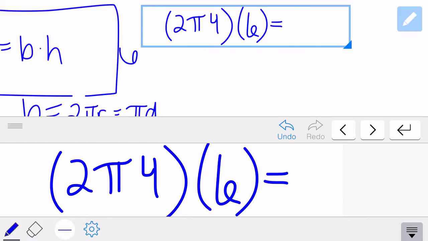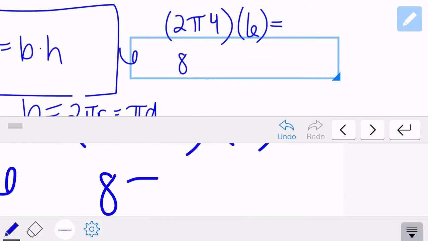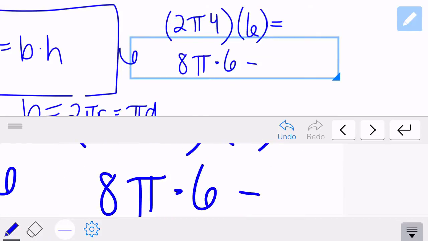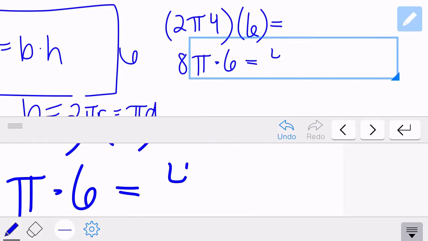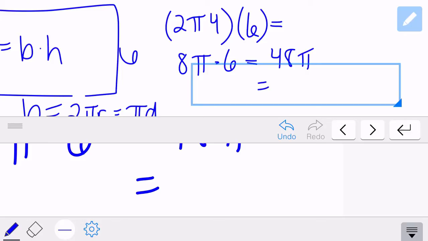And what is that going to get us? Well, this would be 8 pi times 6. So that's going to give us 48 pi. Or if you did that as a decimal, you would get about 150.8.